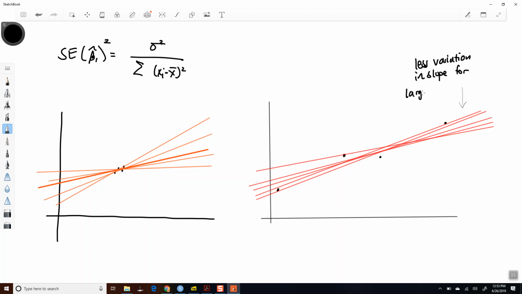Okay. We'll say x is confined to kind of a small region, leads to large variation in slope.